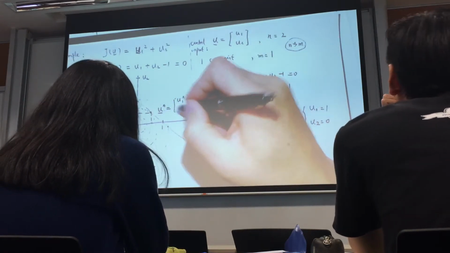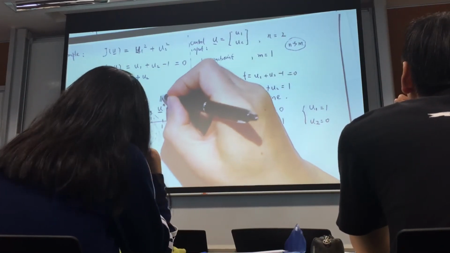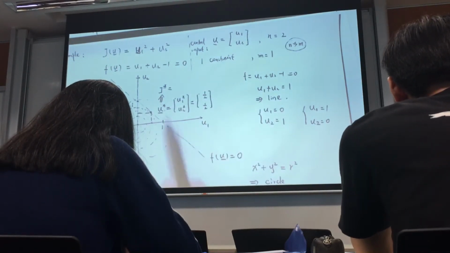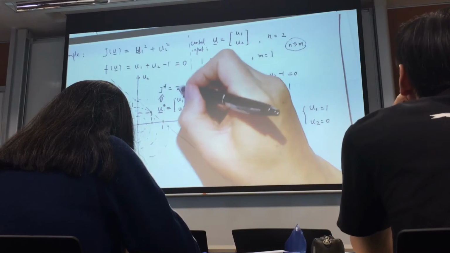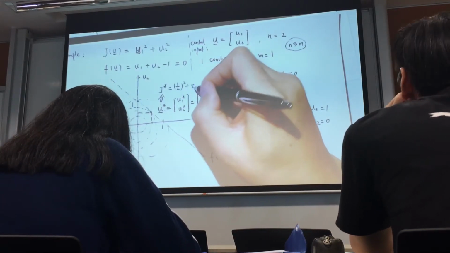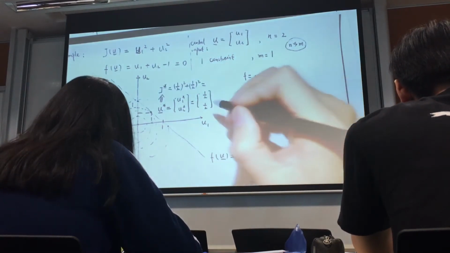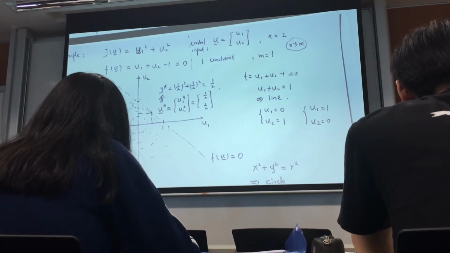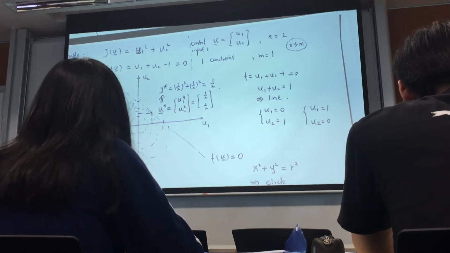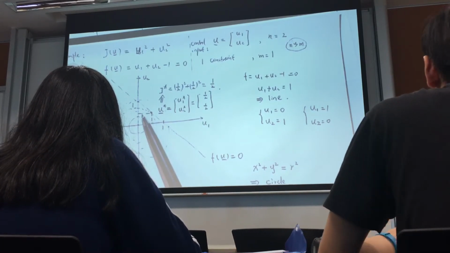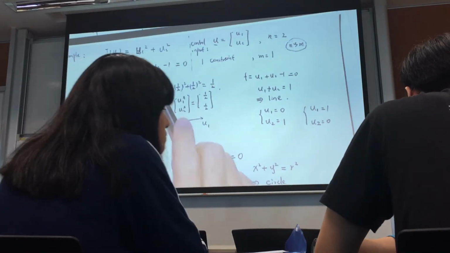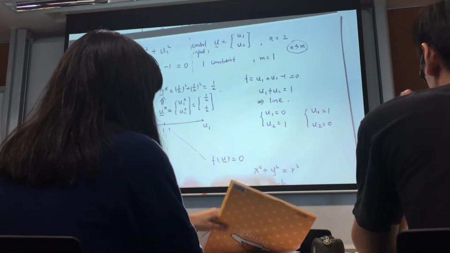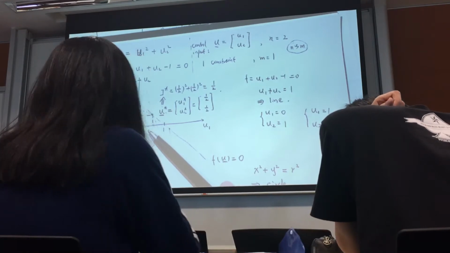From u1 star and u2 star, you can determine J star: J star equals a half squared plus a half squared, so that's equal to a half. So we can solve this problem in two-dimensional space by this intuitive inspection.